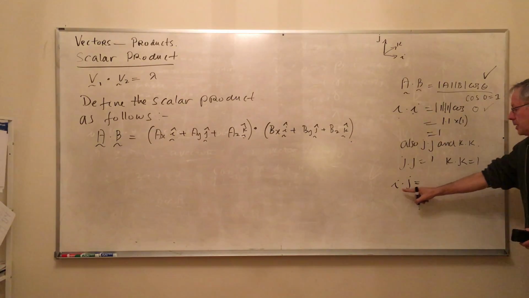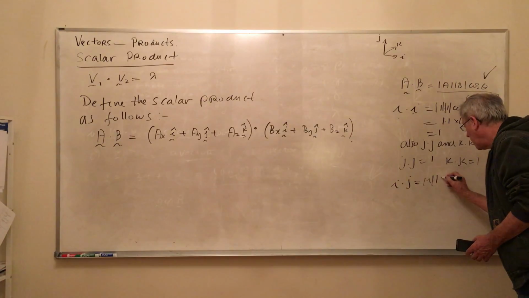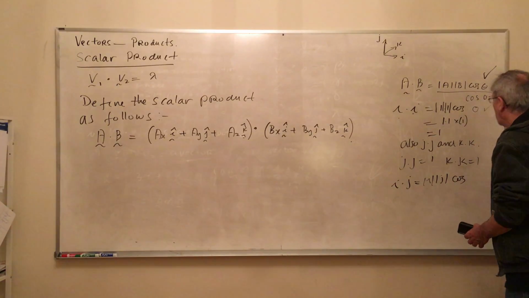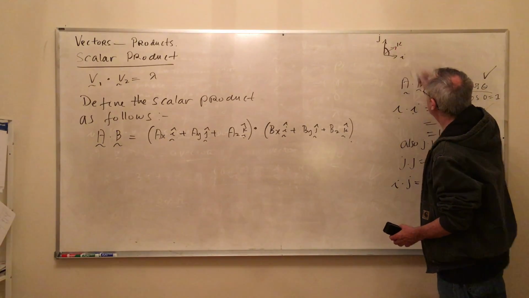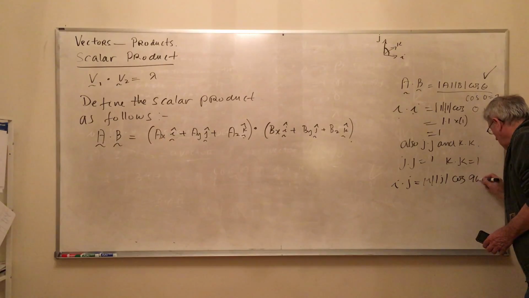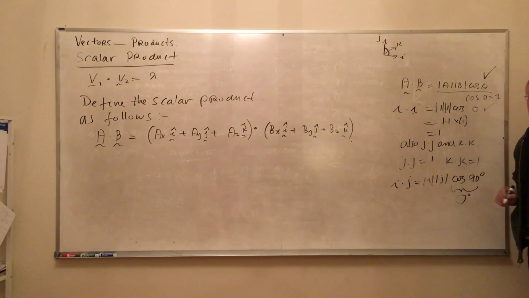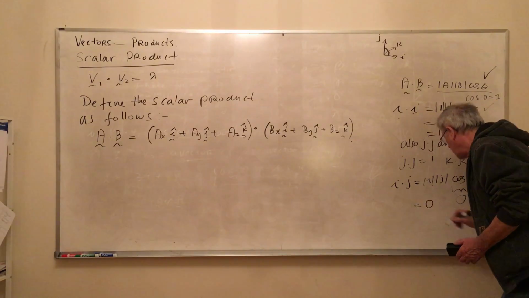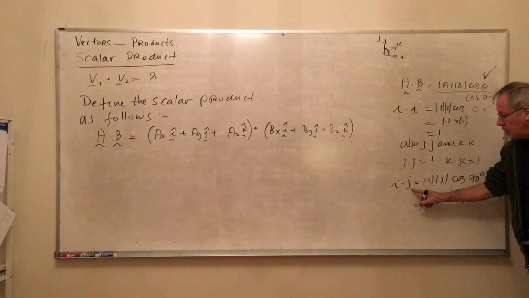Now, if I take i dot j, then 1 is the magnitude of i, 1 is the magnitude of j, times cos. Now, what's the angle between i and j? Here it is here. It's cos 90. And the cosine of 90 degrees is 0. So this is 0.